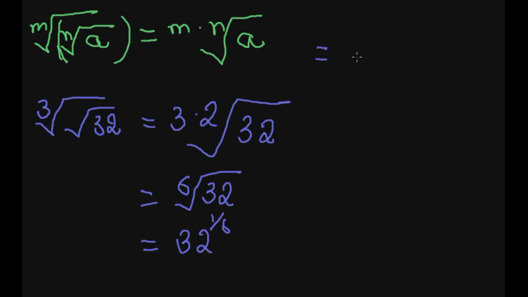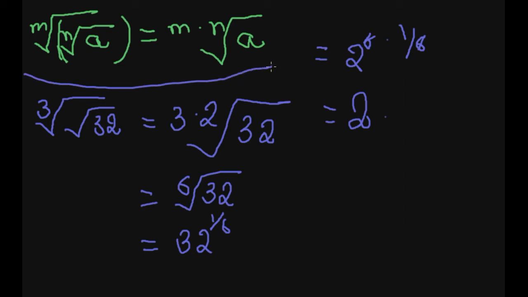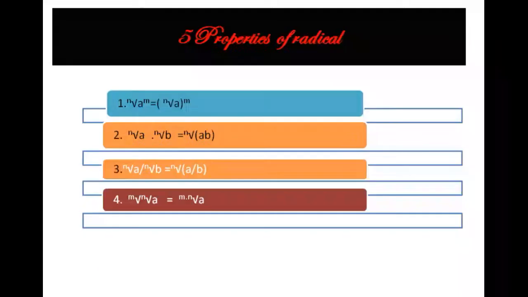We know 2 to the power 6 is equal to 32, into 1 by 6. So this will cancel and it is equal to 2. So this is the way we can solve the fourth property. This is very easy. It looks a little difficult and confusing. So let's come to property number 5.